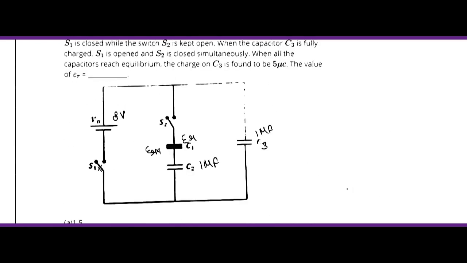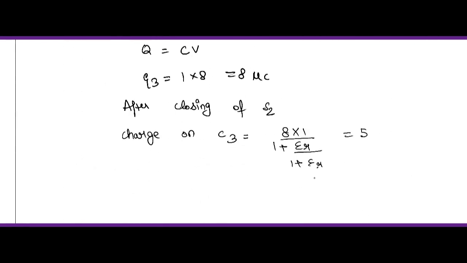It is given to us. And now from this we can write 8 divided by 5, the charge on the capacitor is 8 which we have calculated, and this is 1 plus relative permittivity here.